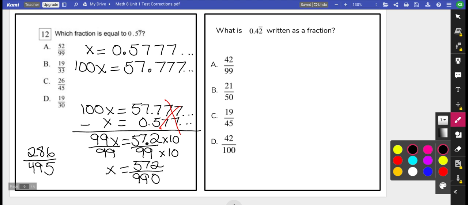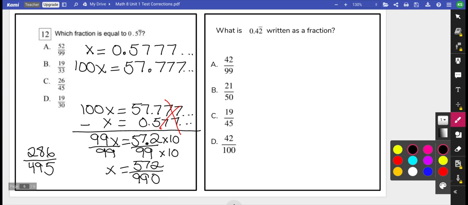So I have to keep simplifying. Let's look at these. I'm going to use my calculator to help me, because that's not always the easiest. If I take 286 and divide it by, it can't be 2 because it's not even.